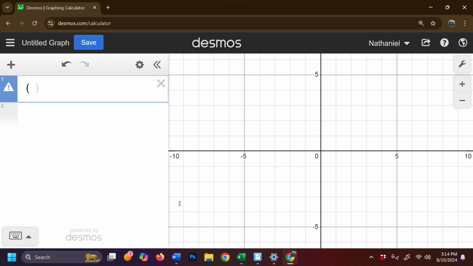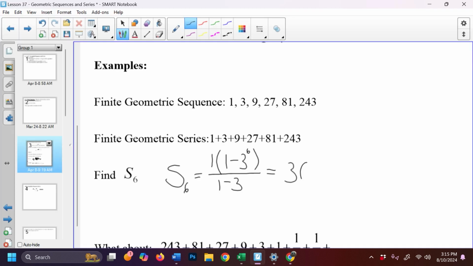We don't need to go 1 times, but I'll do it this time just so you can see it's in there. Then 1 minus the common ratio 3, shift 6 to bring an exponent up. I'll put a 6 up there, close that parenthesis, then close the numerator, and then I've got 1 minus 3 at the bottom, and we get a sum of 364. And that is the basics.